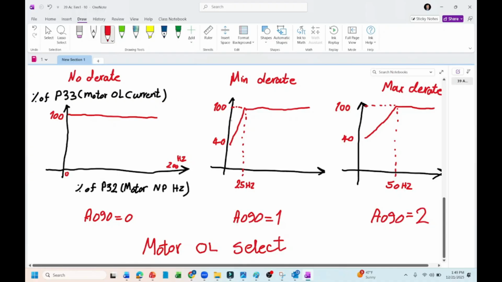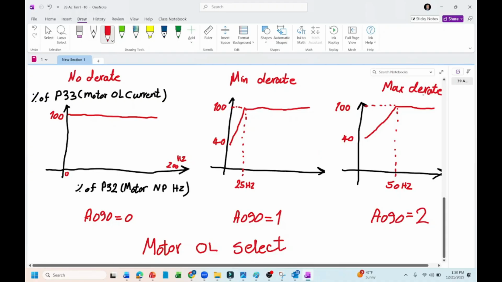Technically, some percentage of it is your new motor overload current. But at higher frequencies, after 25 hertz, the motor overload current is the same number that you have in P33. So you decrease it at lower frequencies.